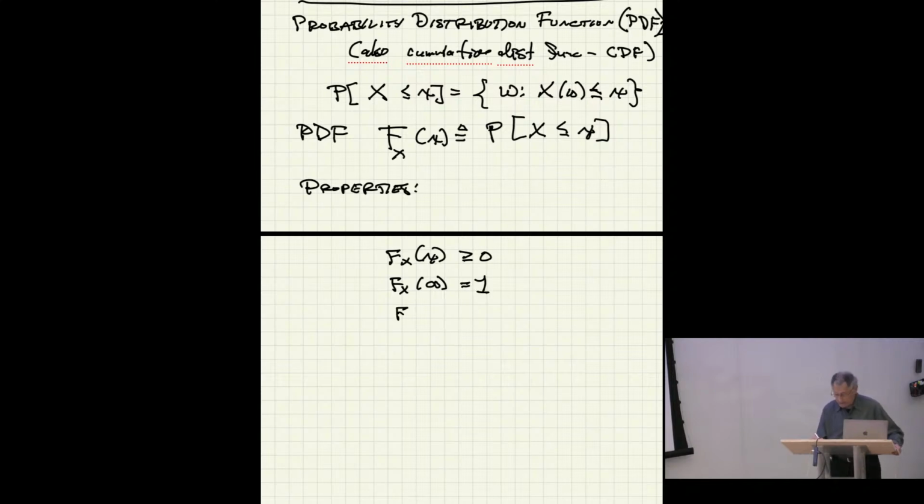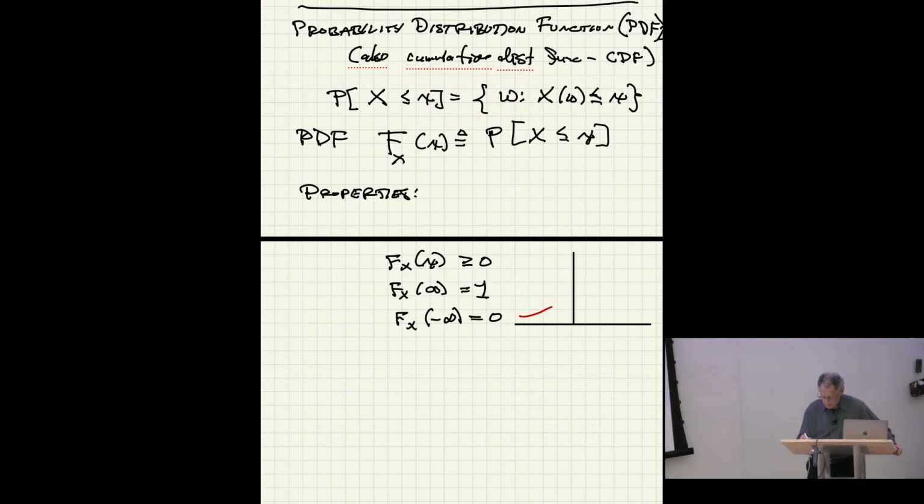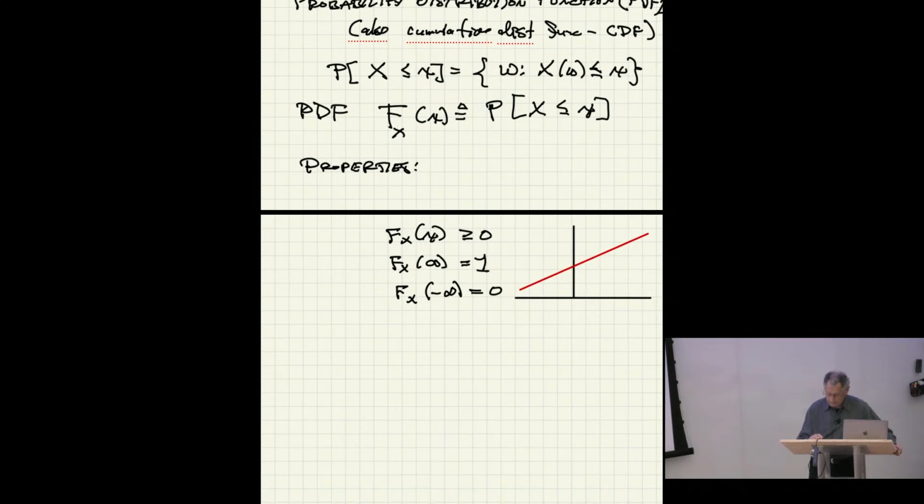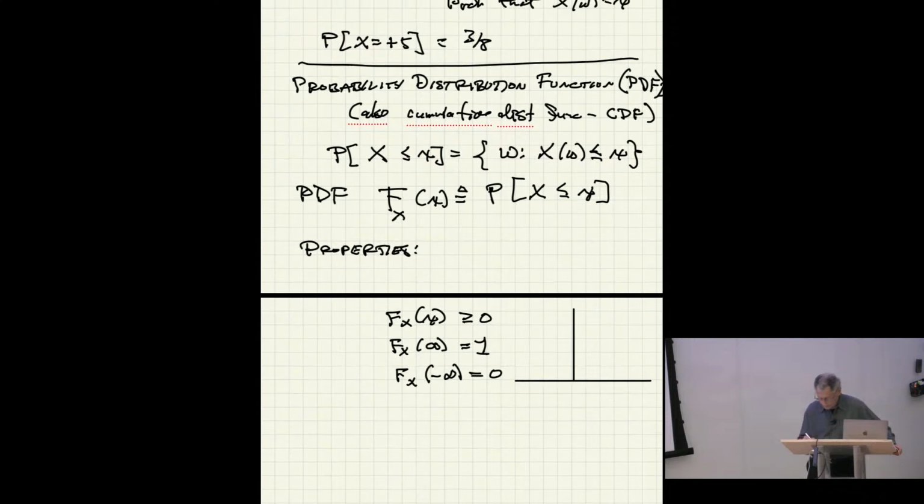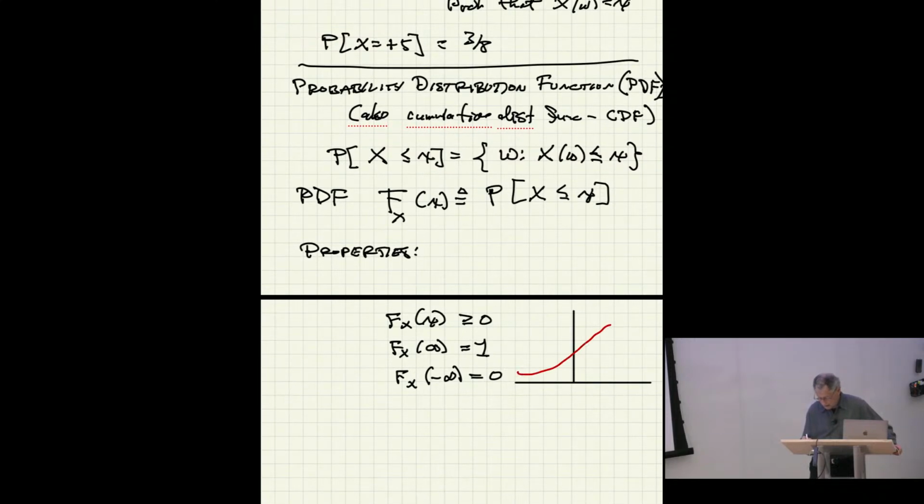And f sub capital X of minus infinity is equal to 0. Namely, the darn thing looks like this. It's a non-decreasing function, which in the limit of large x is 1, and in the limit of large negative x goes to 0. This is x, and I've just plotted f sub x of x.